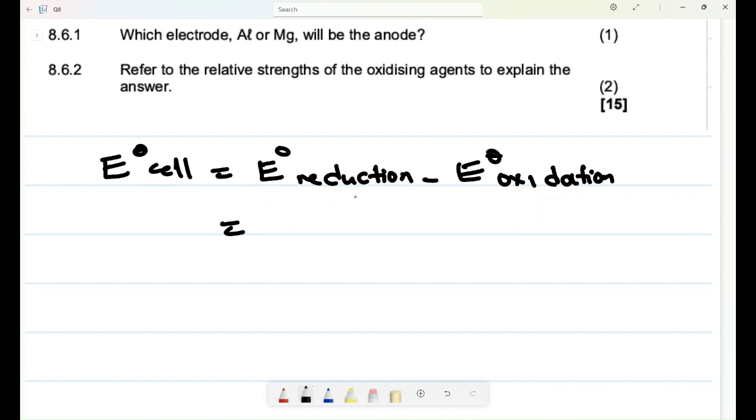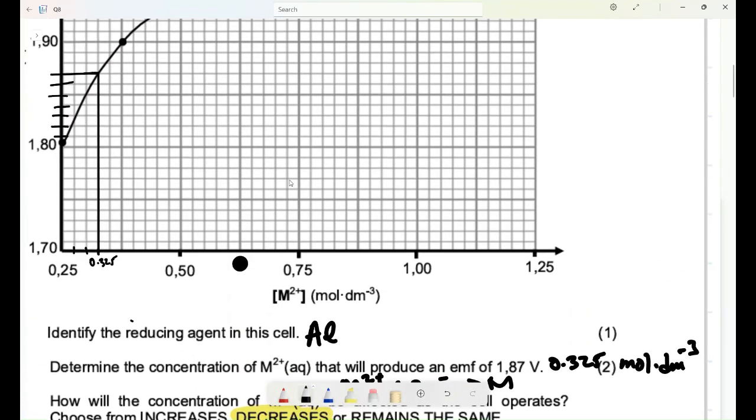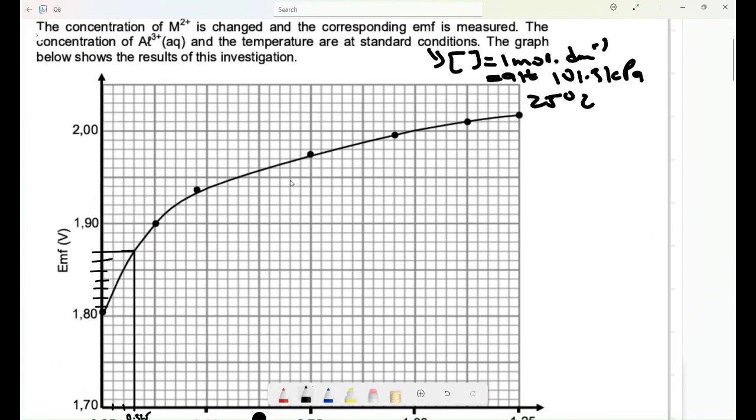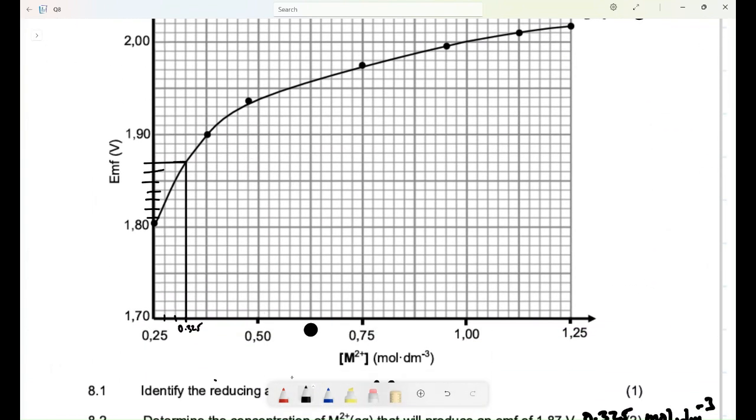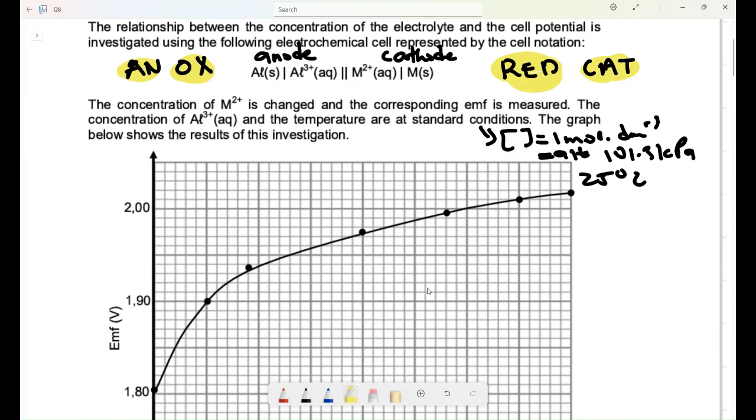Now let's calculate E naught of the cell. You might ask, which one is exactly E naught of the cell, because now we have many values here. Remember, we should check at the standard. The standard condition says the concentration should be 1 mole per decimeter cubed. I stated that, right?